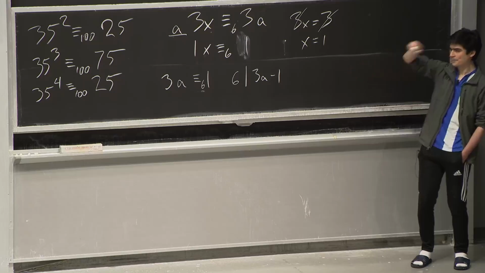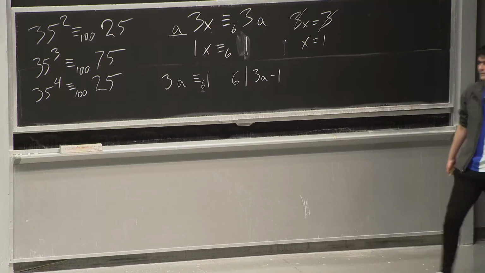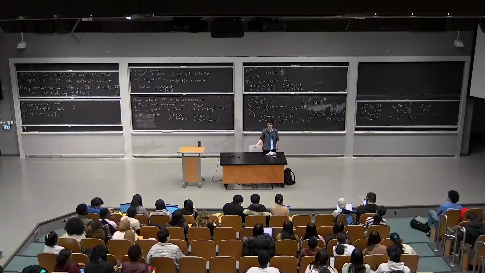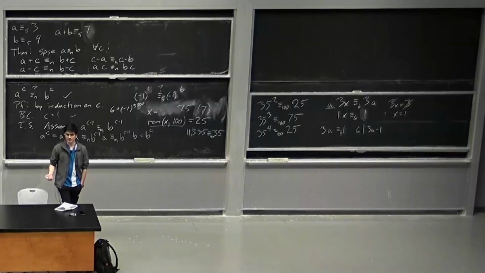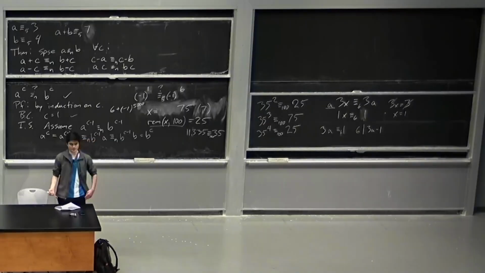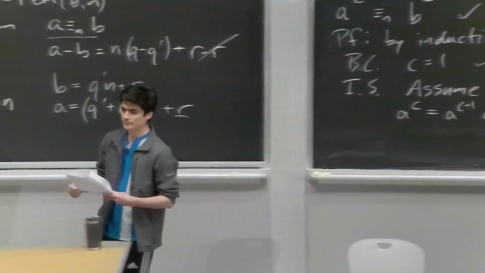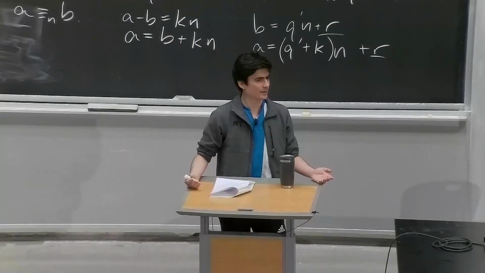No. Basically, that's asking if we can write 1 as a linear combination of 6 and 3. But 1 is not a multiple of their GCD, so we cannot. Does that make sense to everybody? So we cannot always divide.